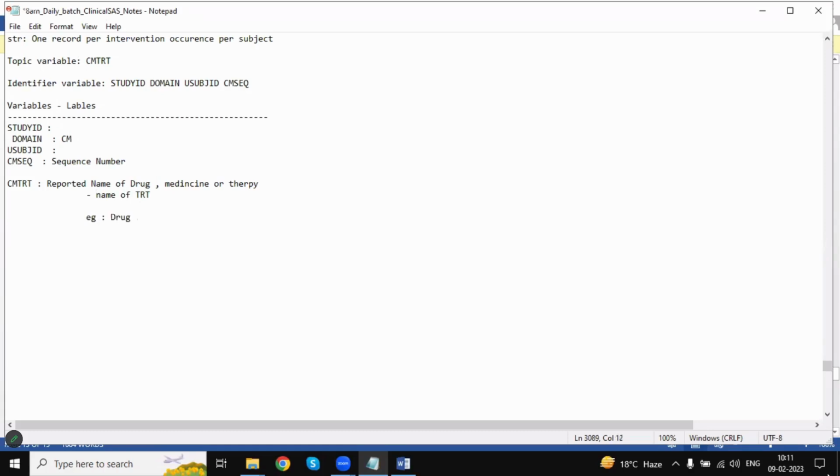What is the drug name? That medicine name we have to capture. Some drug X is being taken. Or maybe due to an adverse event, he got some fever and took some Dolo. That tablet name, that medicine name, we have to capture. Like this, treatment names are captured directly in the CMTRT variable. Okay, clear?